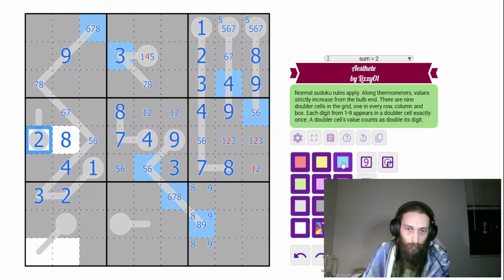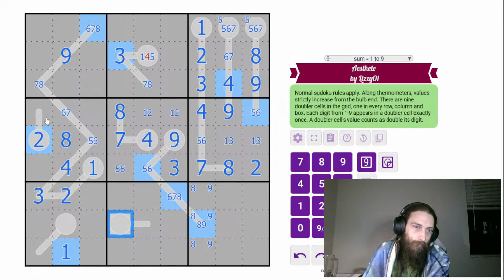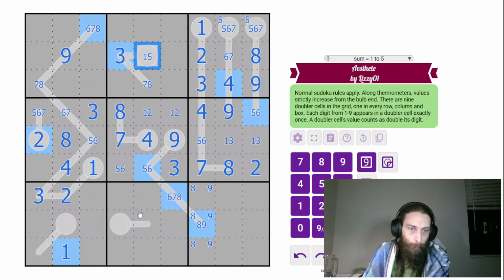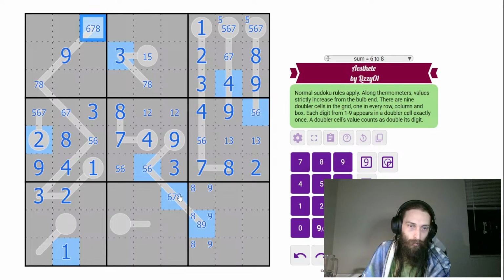And 2 must be doubled. That's a doubled 1. So this is 5, 6, 7, 9, not 8 or 9. 5, 6, 7, so this is a 3. 9. 5, 6 pair. 7, 8 pair.